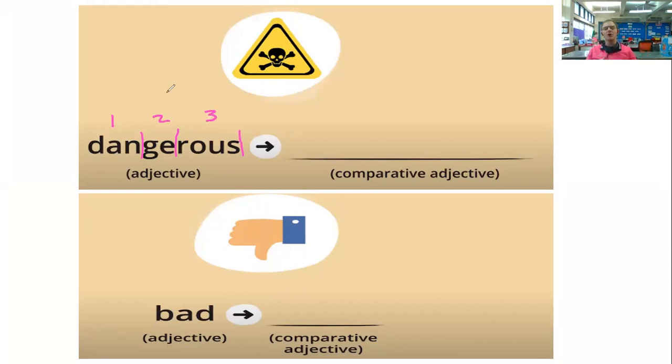So what would the comparative adjective of dangerous be? What do you think? What is the rule if we have two or more syllables in a word? What rule do we apply?